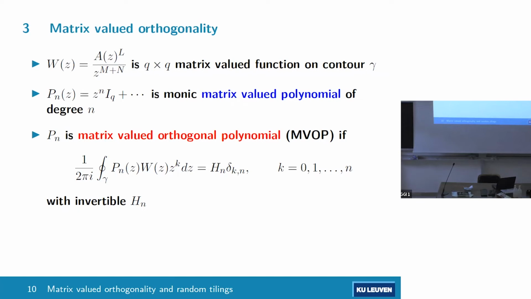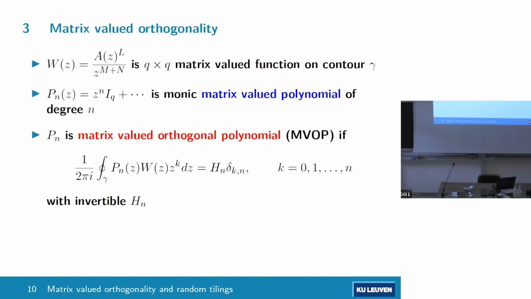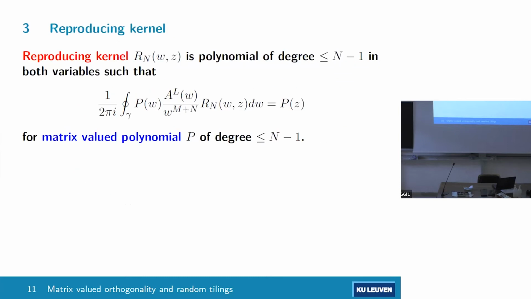That's what this condition says. And it will never be associated with a genuine inner product. Which is good, which is bad maybe, but maybe it's also good, right? It depends on your point of view. Here we have the freedom to move the contour. Okay, so these are these matrix-valued orthogonal polynomials in my setting that I want.